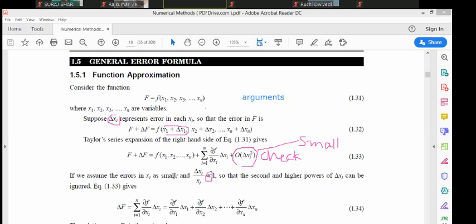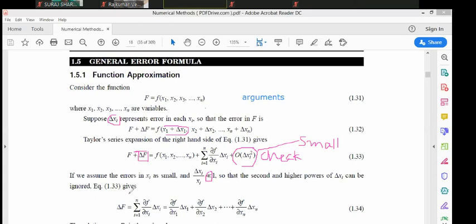So simply, what do we get? Delta f. We are intending to compute delta f. How can we get delta f? This minus this, the 1.31.